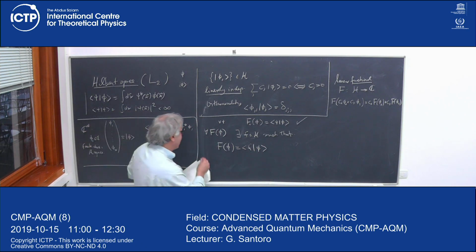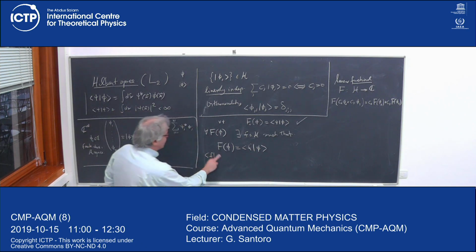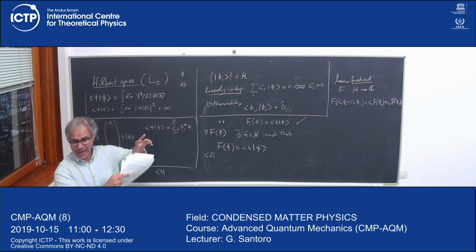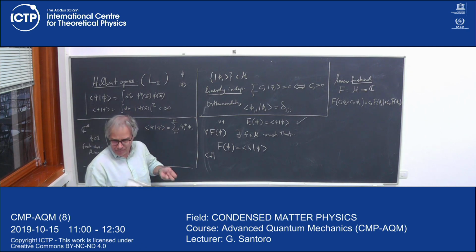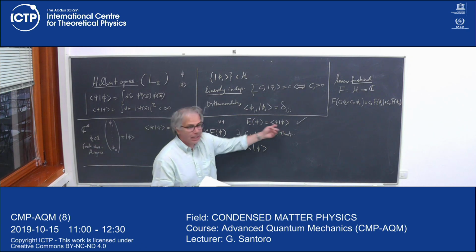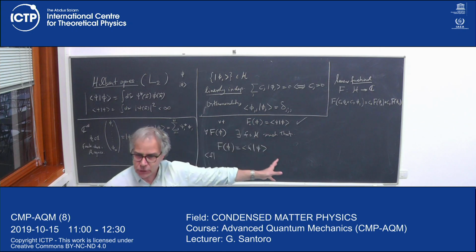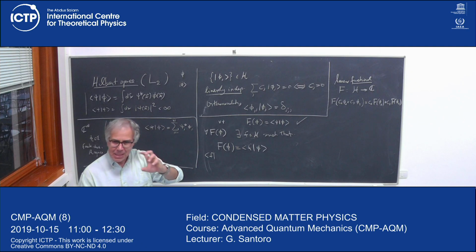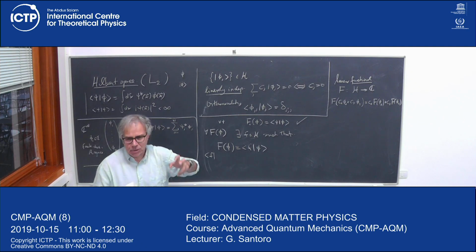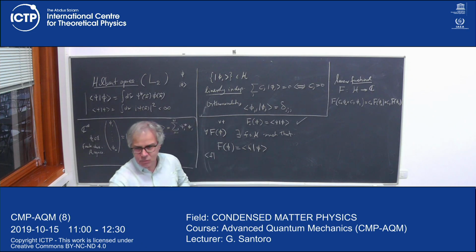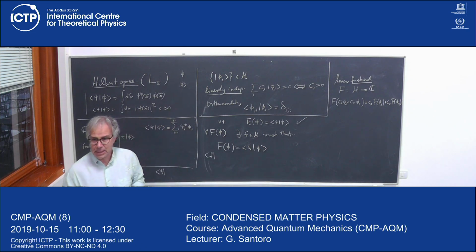So in this sense, you make sense of this object. This is something waiting for a vector to take the scalar product of. But in actual practice, this is the linear functional associated to this operation. So it's not a vector in the Hilbert space, but it's related to a vector in the sense that you can take the scalar product with any vector and this defines a linear functional.